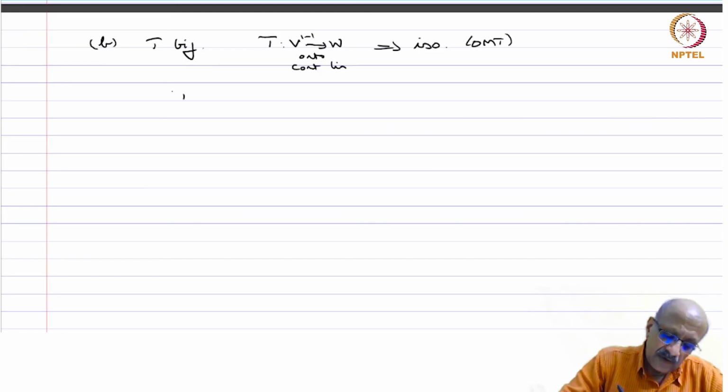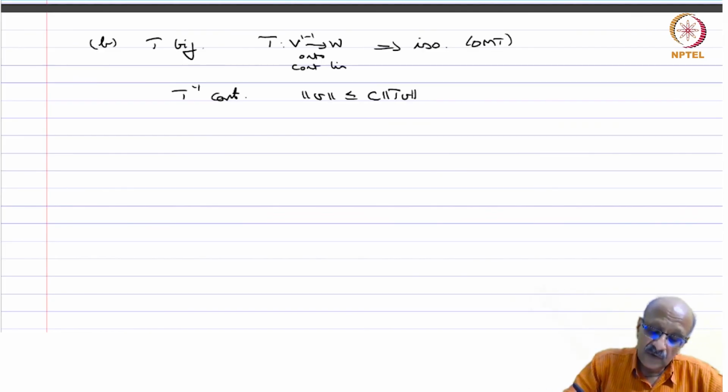That means T inverse is continuous, and that's exactly saying that norm of v is less than or equal to C times norm of Tv. That is just the condition for T inverse. You write T inverse of Tv is v, and therefore the continuity tells you this is true. So this is proved.